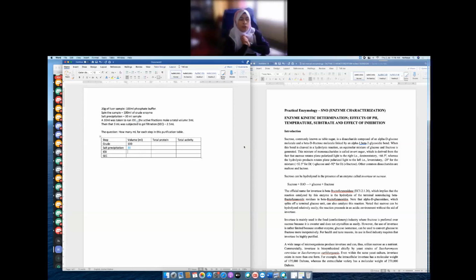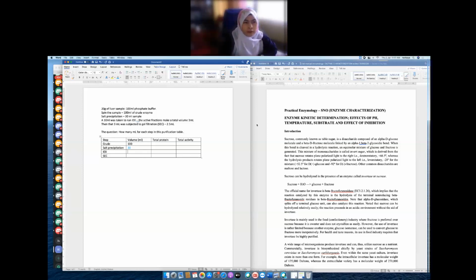What will be the volume from the IEX? 10 is wrong. So what will be the answer? Not 3 ml? No, still wrong. Read it carefully.